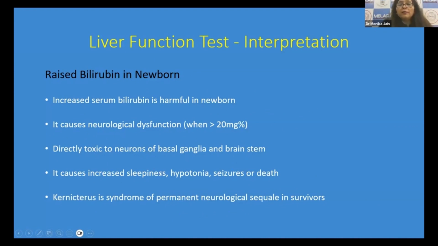It can cause increased sleepiness in the newborn, hypotonia, seizures, and death. The patients who survive this episode develop kernicterus, a syndrome of permanent neurological sequelae in the survivors. So a raised bilirubin in a newborn is very important, because the level of bilirubin guides further therapy, phototherapy or exchange transfusion, which is the decision taken by neonatologists after seeing the level of bilirubin.